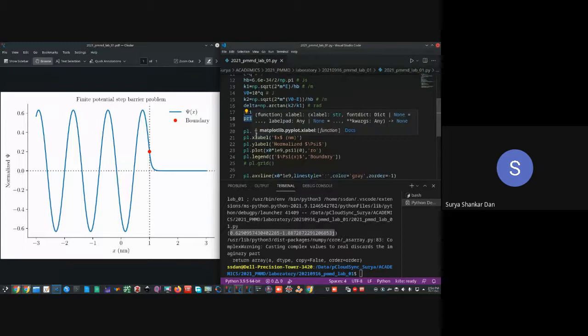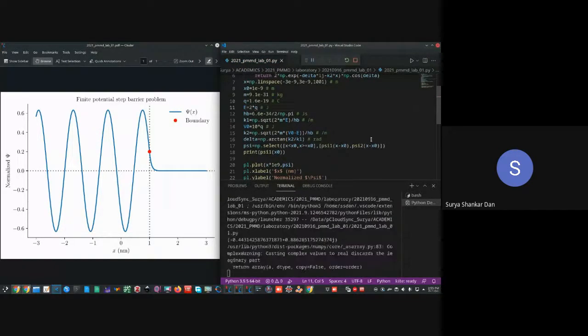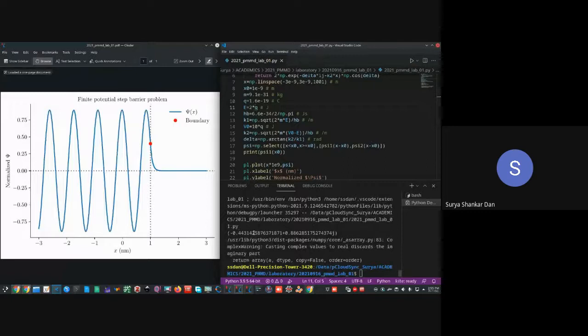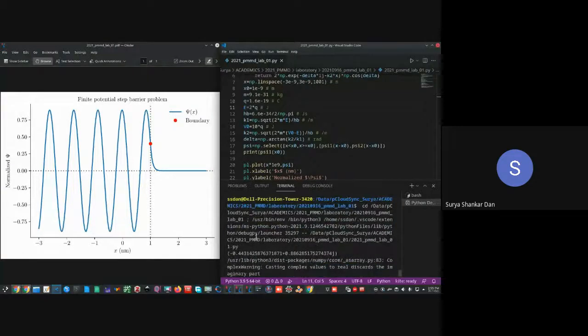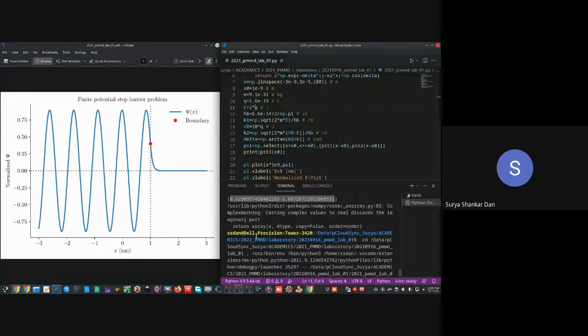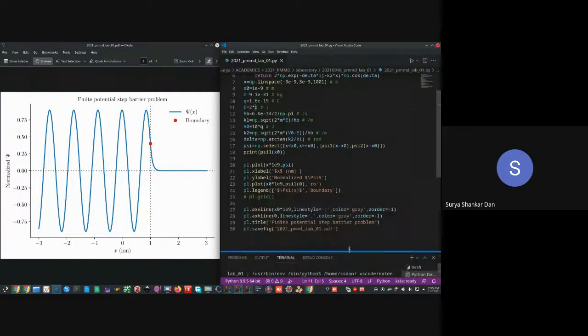All right, so now what we will do is increase the energy. Now the energy of the electron is twice the earlier one. If you notice, the value over here is actually larger than the previous one. Earlier case, I'll show it like this.